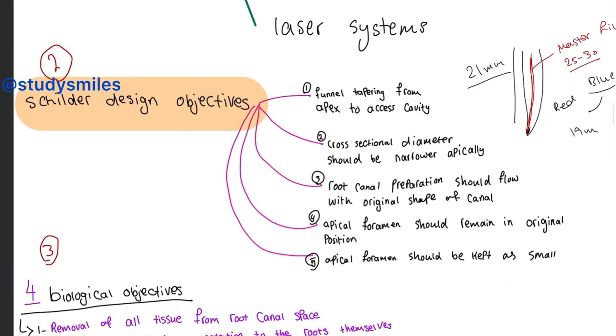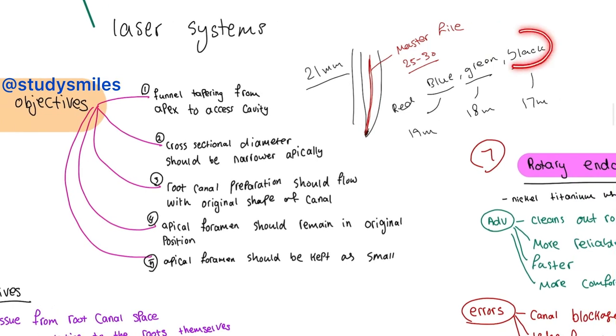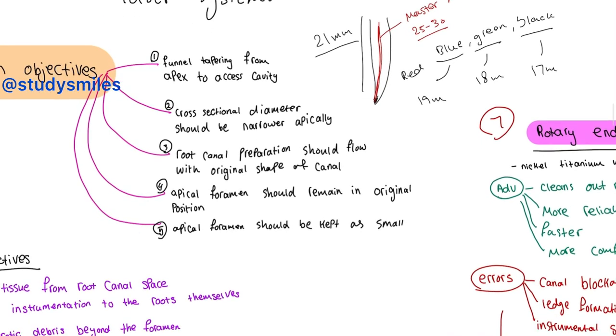That's what Schilder was saying, that the cross-sectional diameter should be narrow apically. It's thinner here and then gets wider and wider, because these black, green, and blue are wider than, for example, red, that we went to full length of the root canal.